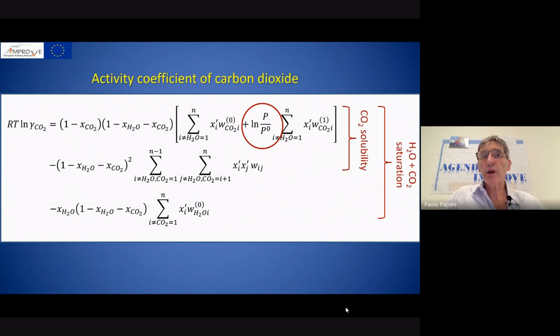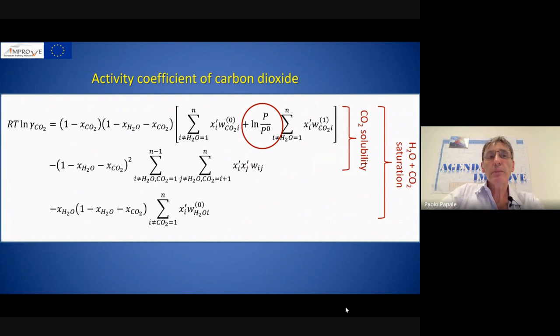The presence of carbon dioxide, whose activity coefficient depends on pressure, causes a pressure dependence also on the activity coefficient of water, which would be otherwise independent from pressure if carbon dioxide was absent. These kinds of complexities result in non-linear interactions and non-linear trends of water and carbon dioxide saturation when the two volatiles are both present in the system.